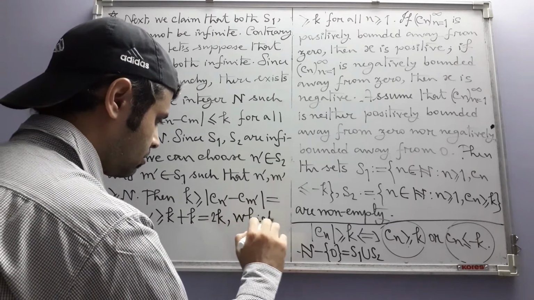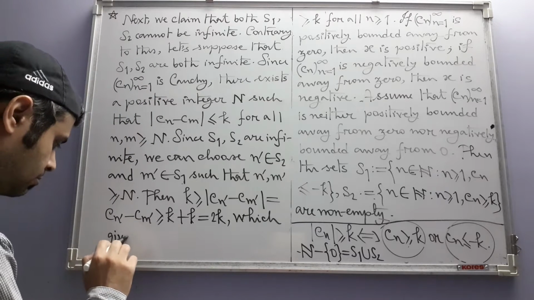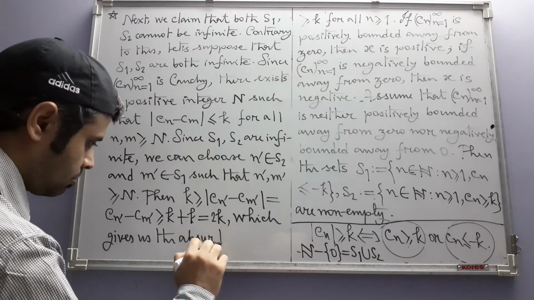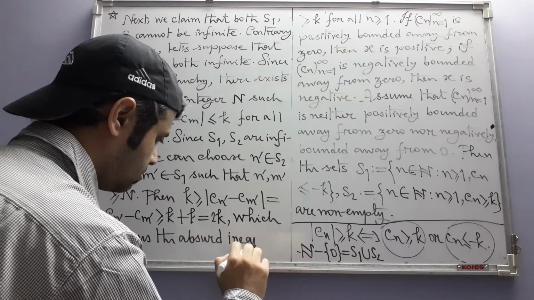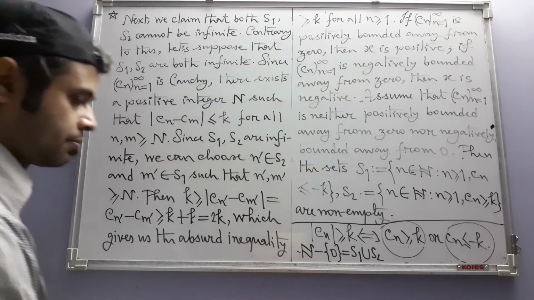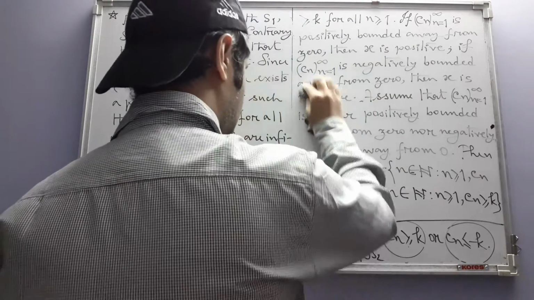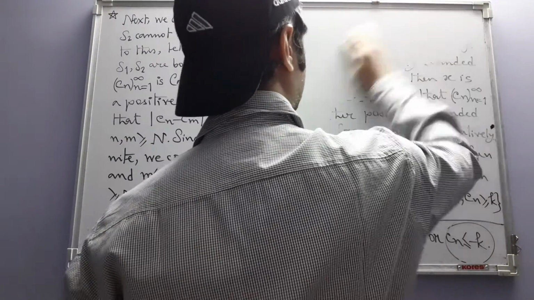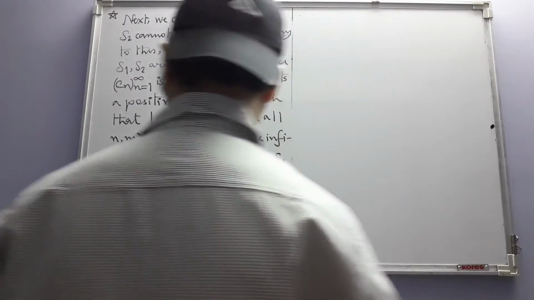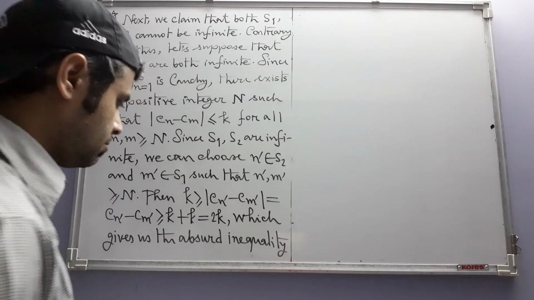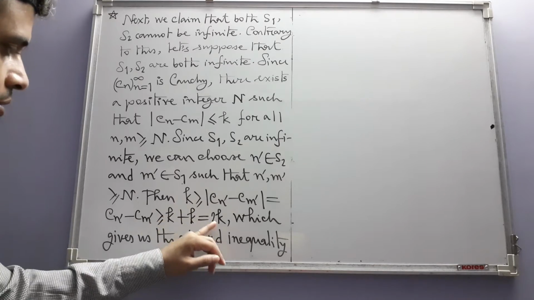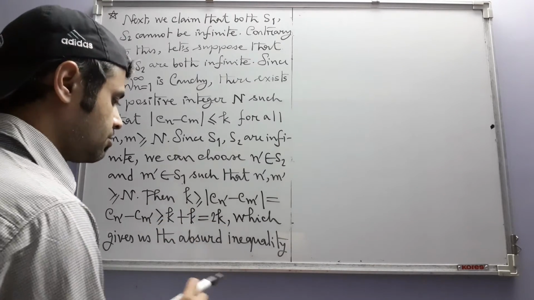which gives us the absurd inequality. If you cancel k from both sides, which you can do because k is a positive rational number, you get this.